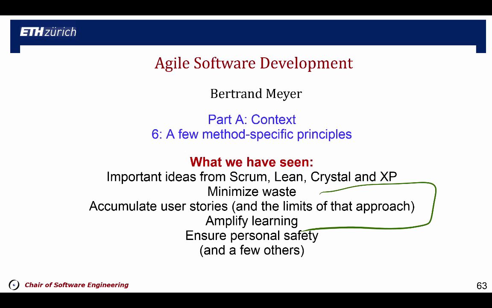It's not among the best contributions of the Agile method. And ensure personal safety and humanity. This entire focus of the Agile approach on providing programmers with a safe environment and respecting the personality of individual members of the team.